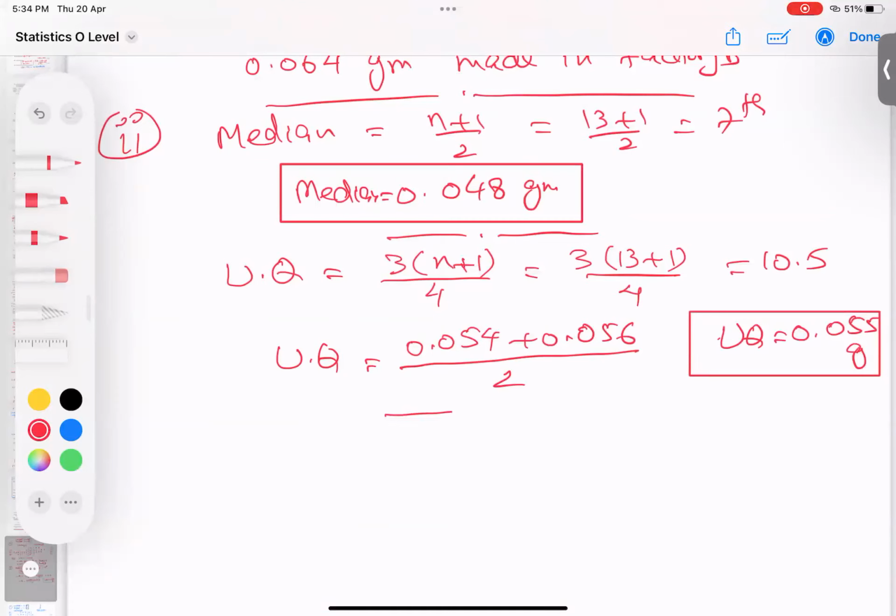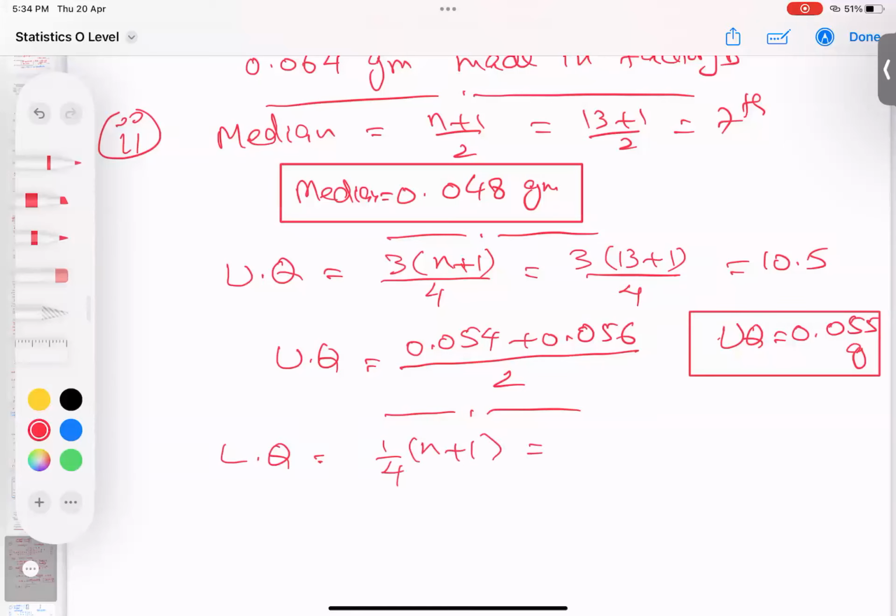Now I'm going for the lower quartile. Let me recheck it. So let's go for the lower quartile, 1/4 of (n plus 1).